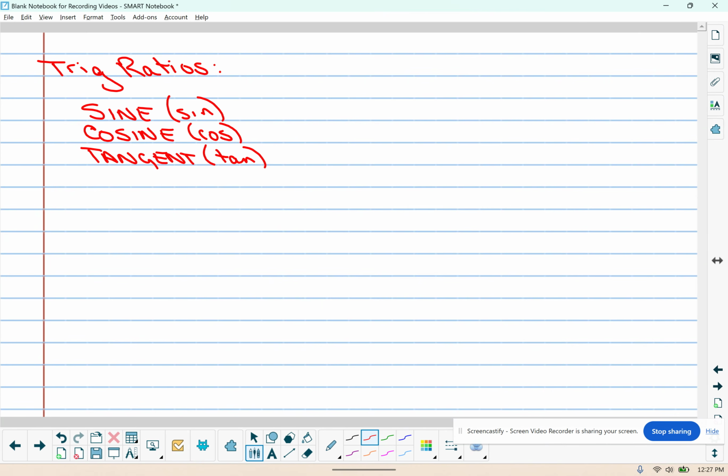However, each of these 3 have reciprocal functions. And so 1 over sine is called cosecant. Its abbreviation is CSC. We have 1 over cosine. It's secant. It is SEC.